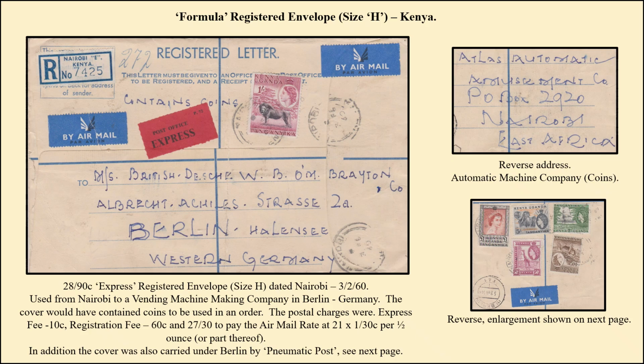This is the only time I've ever been able to get a cover with the pound value on it, and there's a premium in that the cachet on the back shows that the cover was carried by the pneumatic post under Berlin.